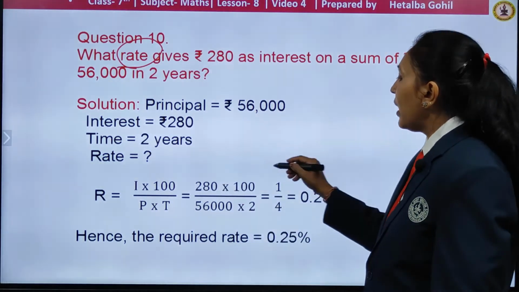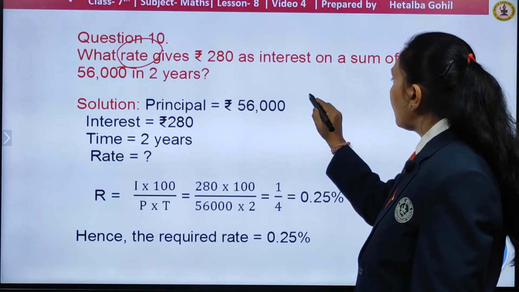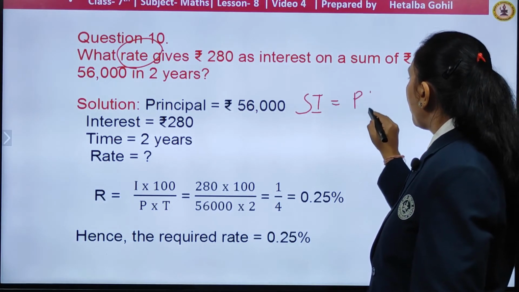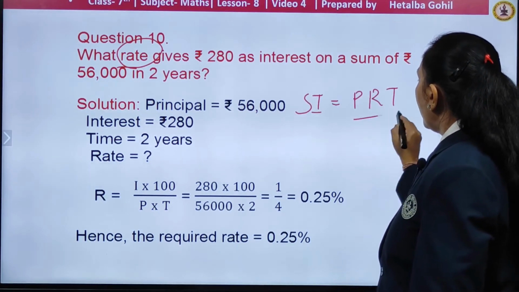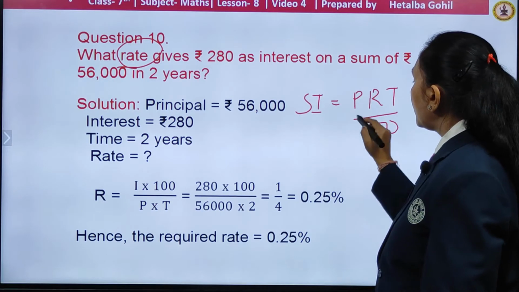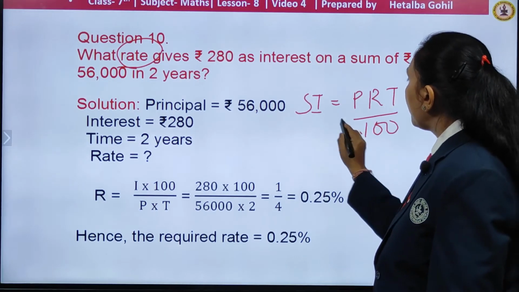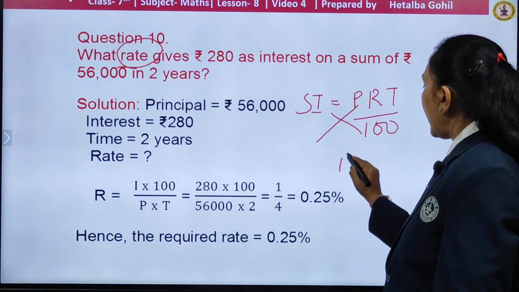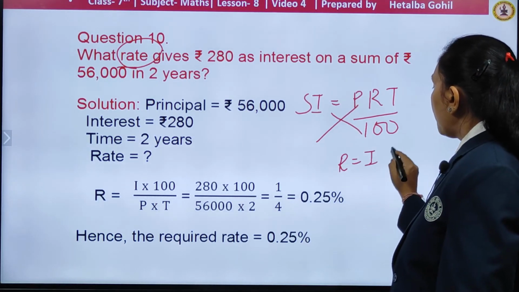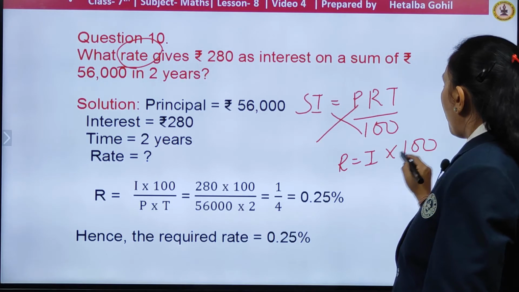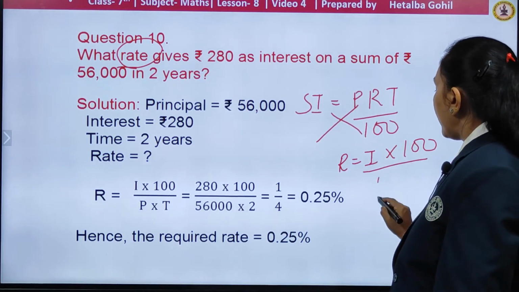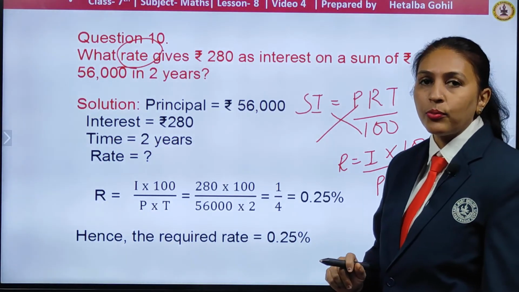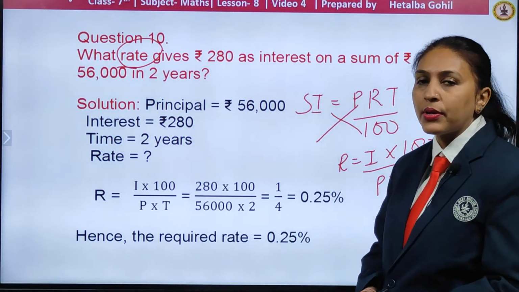So the formula to find rate is derived from the formula of simple interest only. Simple interest is equal to PRT upon 100. So whichever quantity you want to find, leave it there, and the remaining you can cross multiply. So you will get rate is equal to interest into 100 upon the remaining two, that is P and T, that will be in the denominator. So we derived the formula from the formula of simple interest only.